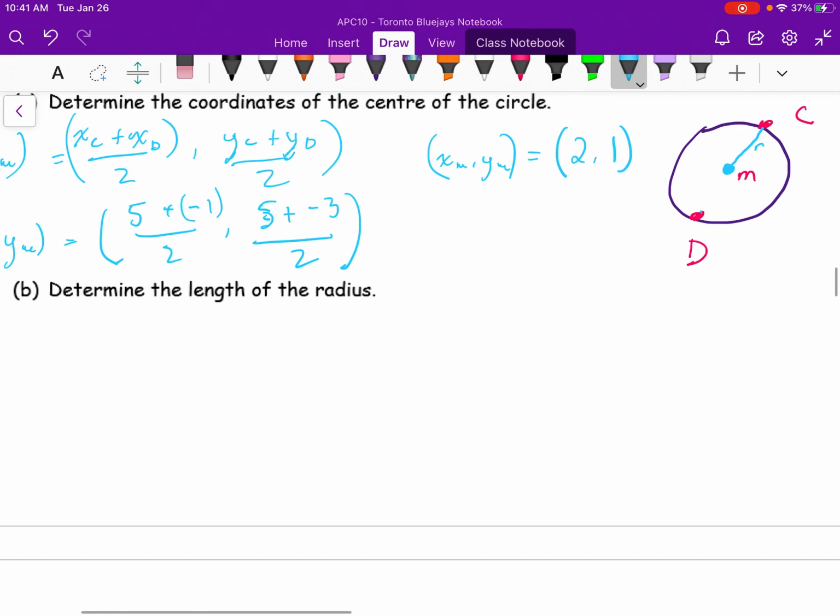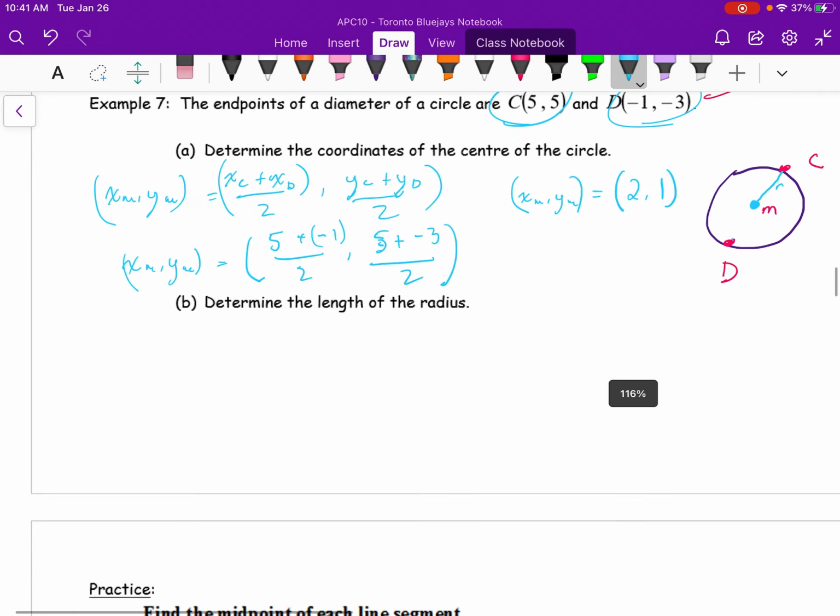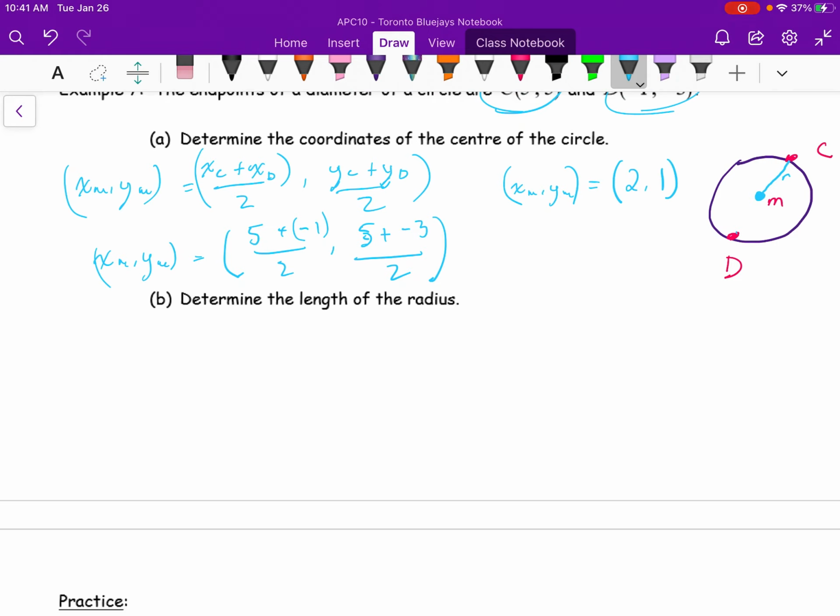If I wish to calculate the radius, how would you do it? Now, I'm not going to do it for you here, but there's 2 ways. Now that you've got the center of the circle, you have the coordinates. You could calculate the distance from (2, 1) to (5, 3).